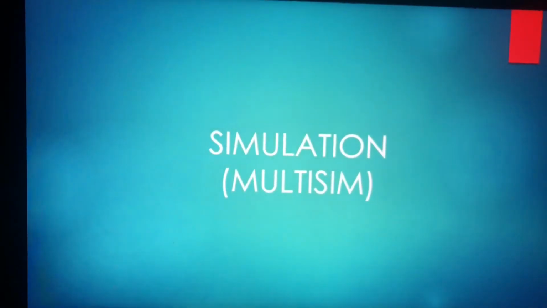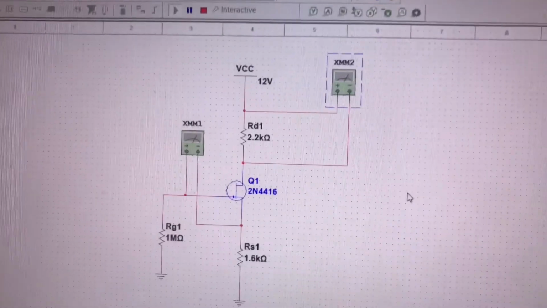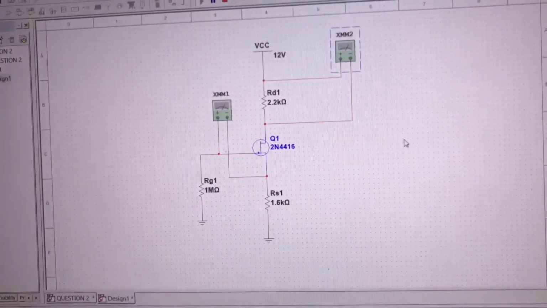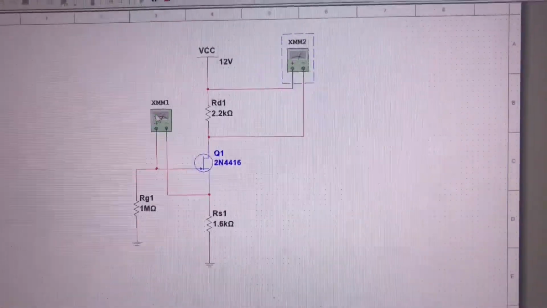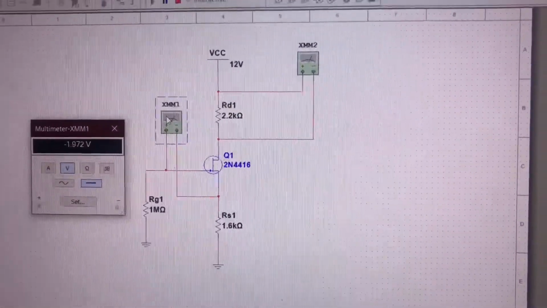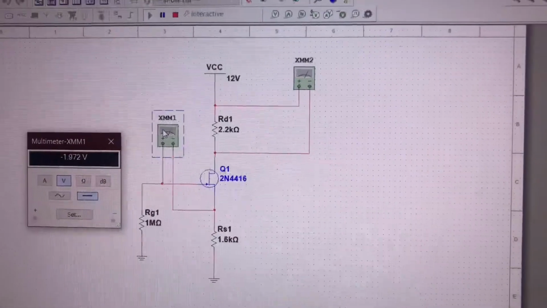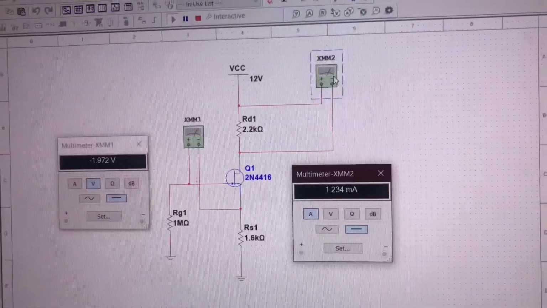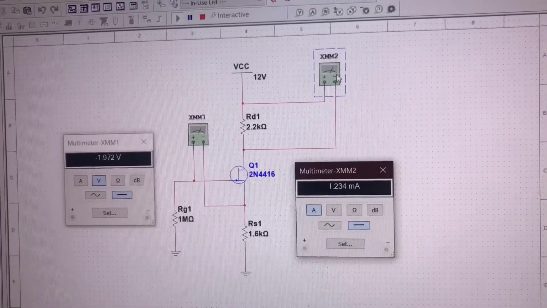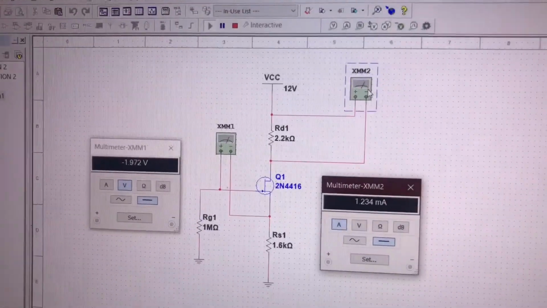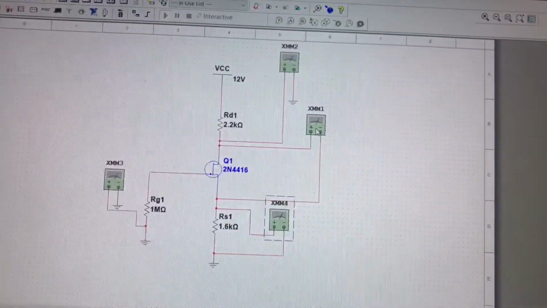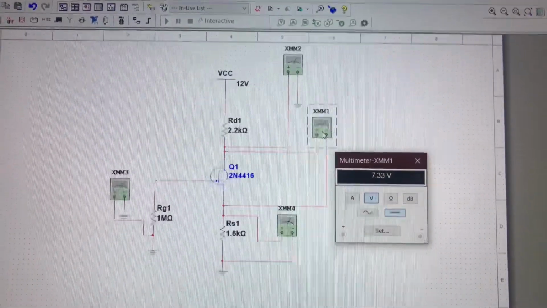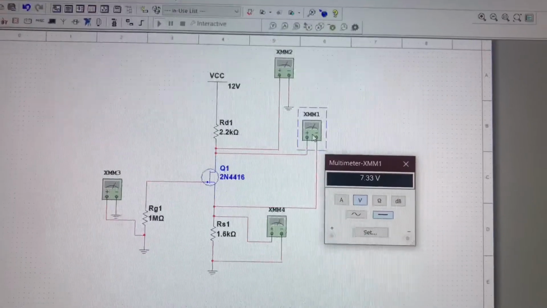And for the simulation Multisim, for VGSQ we can get negative 1.972 volt. And for the IDQ we can get 1.234 milliampere. Alright, for the VDS, when we create the simulation, we can get 7.33 volt.